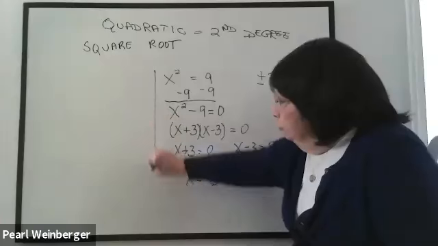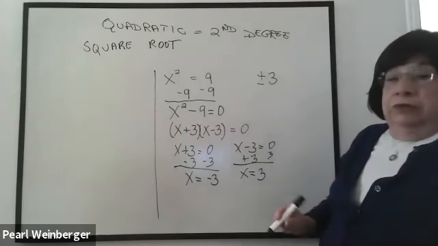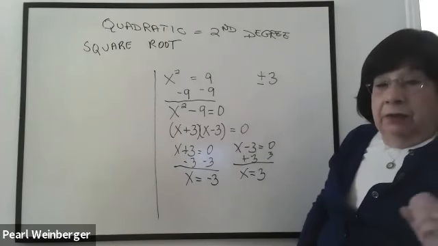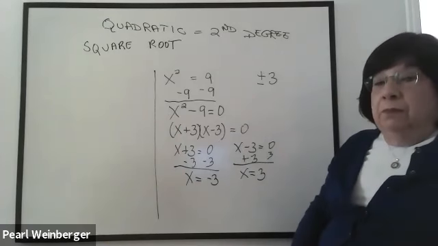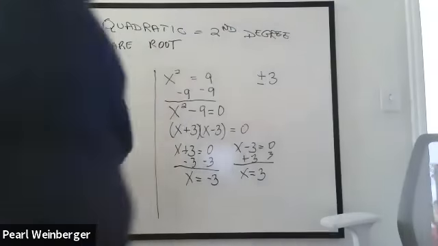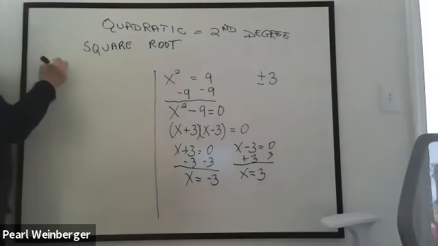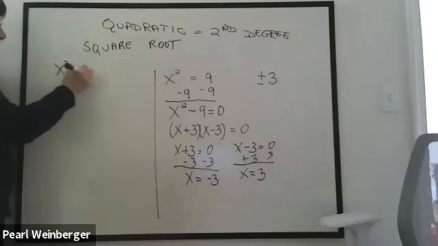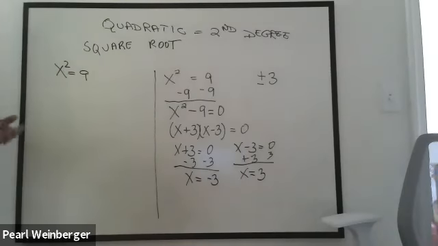Well, we were certainly able to solve that, but we could have solved this in a much quicker method. Let's look at our original equation, our x squared equals 9. Now, if I tell you x squared equals 9, I think most people would say, oh, I know what x is. What number do I multiply by itself to give me 9?